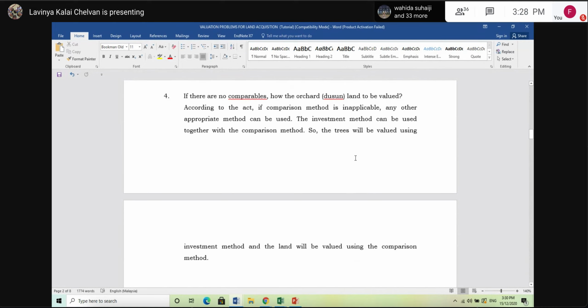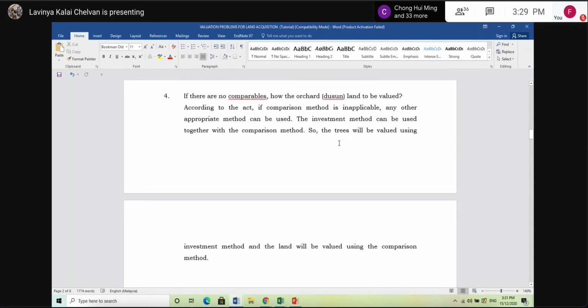So the investment method will be used together with the comparison method, where the orchard trees will be valued using the investment method, and then the land will be valued using the comparison method. How are you going to value tree with the investment method? Tell me. There's like the market value of the trees, right? So I think we use that to value each individual tree that's on the land, and then the land itself will be using the comparison method.